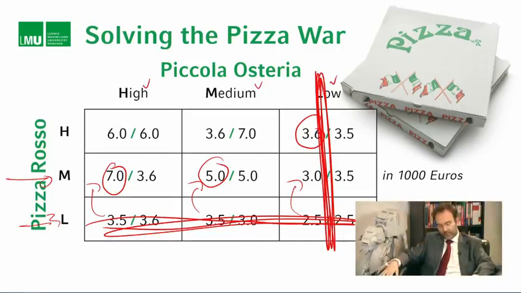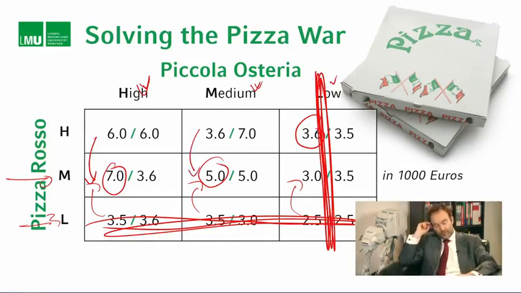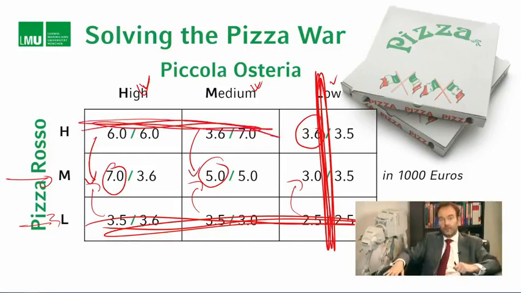If Piccolo Osteria charges a high price, we've already figured out that it's better for Pizza Rosso to charge a medium price than a high price because 6 is less than 7. If Piccolo Osteria charges a medium price, then it's better for Pizza Rosso to charge a medium price than high, which means that here charging a high price is dominated again.